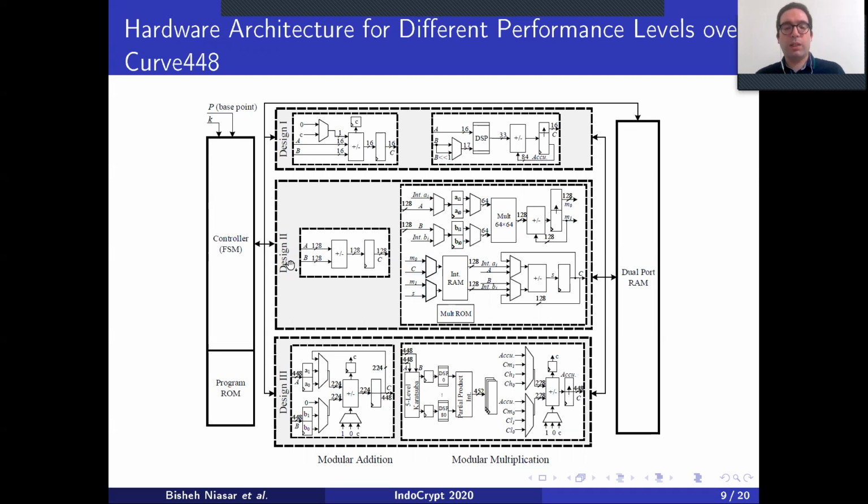Design two is used for the area-time efficient architecture, and design three is used for the high performance architecture using a 5-level consecutive Karatsuba multiplication. All of these arithmetic units are controlled by the controller, which is connected to the fixed program ROM, and they are also connected to a dual port RAM, which is controlled by the controller.